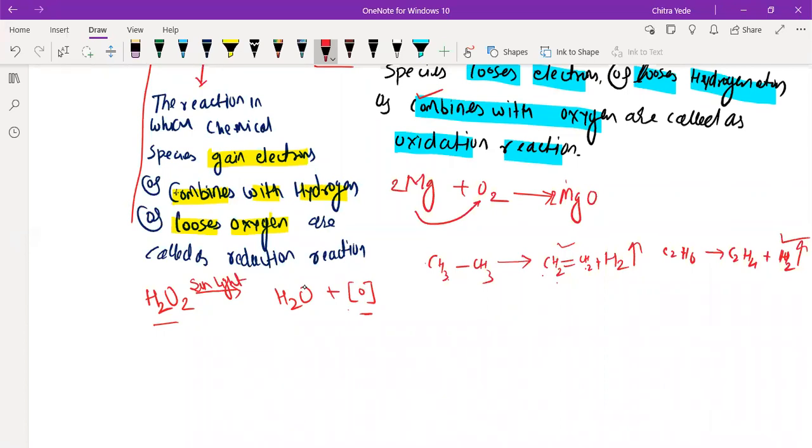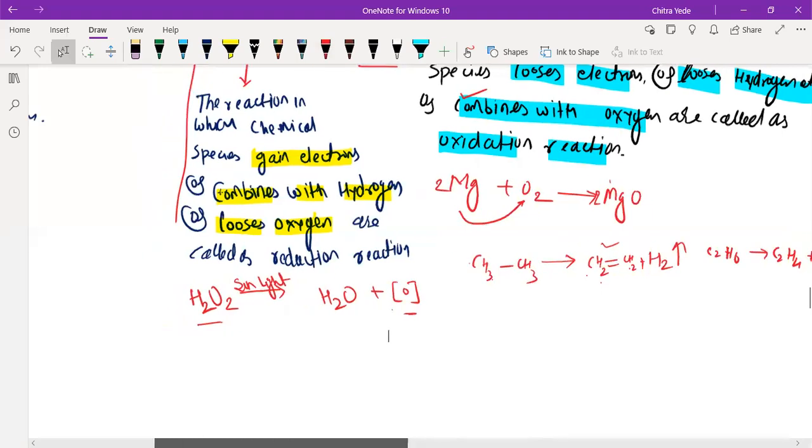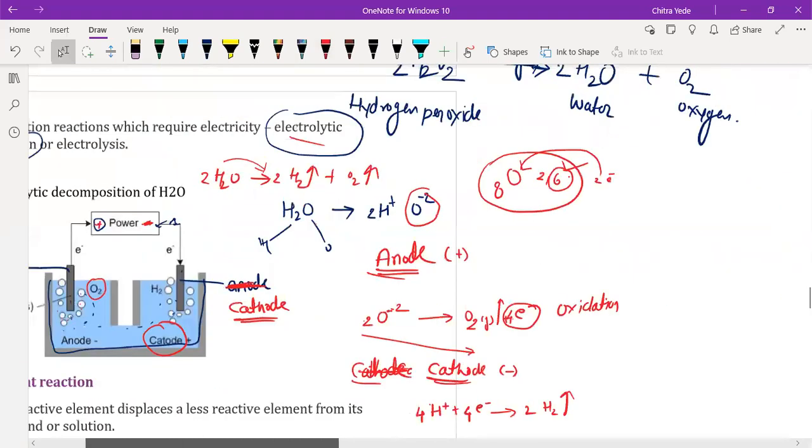I have a doubt, sir. What is your doubt? Yes, sir. If you pass electricity through H2O2, then what will happen, sir? We had just discussed electrolytic reduction reaction. Decomposition reaction takes place. If it is hydrogen peroxide, the same reaction will proceed.